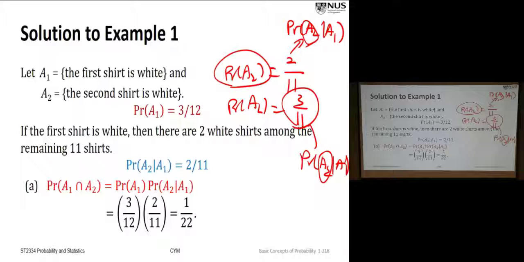Let me repeat it again. I want to get the probability of A2. I see one conditional on A1, which is 2 over 11. I see conditional on A1 complement is 3 over 11. So how do I combine them? Add. Is it correct to add them? So you ask yourself, can we add these 2 probabilities? Forget about the numbers. Just look at, can we add, what does it mean?